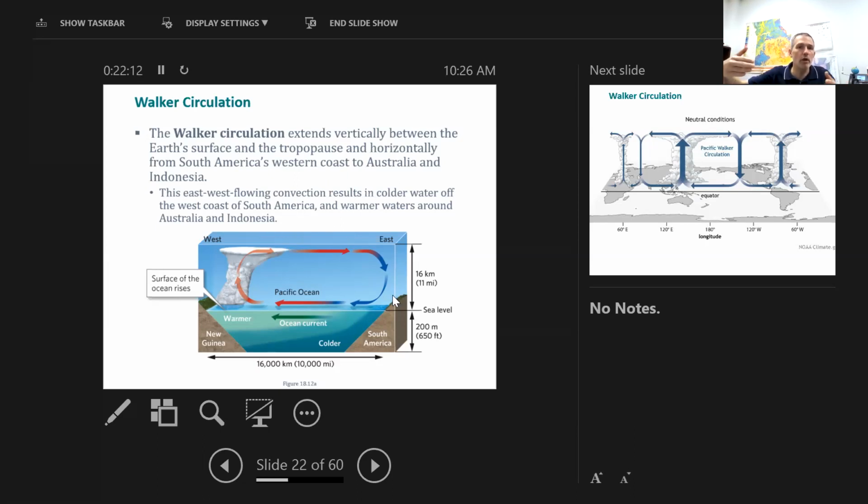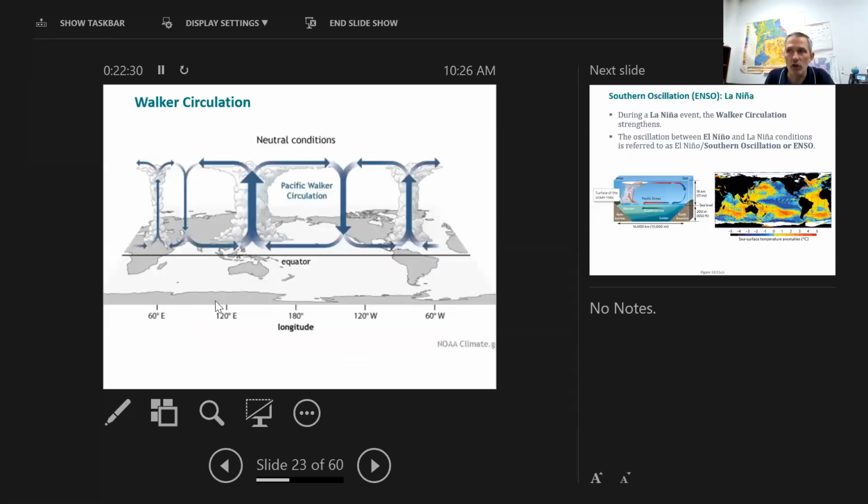In South America, it's going to cause the water to move along that coast, bringing poleward water towards the equator. And so you're going to end up with cold water right here, warm water in this direction. And this circulation is called a Walker circulation.